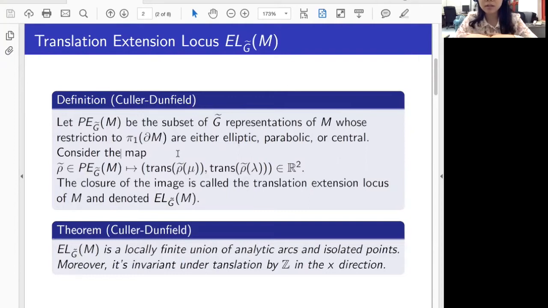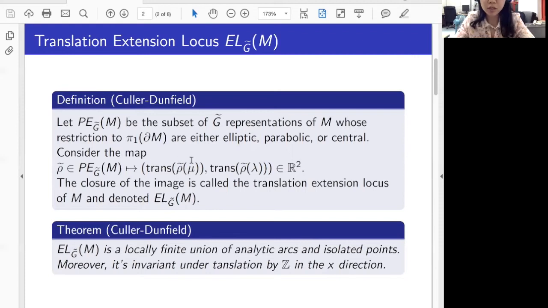Remember, in the first part of the talk, we said that for elliptic elements in PSL2R tilde, the translation number can be any real number. It measures the amount of translation on the real line, so it does not lose any information about the translation.